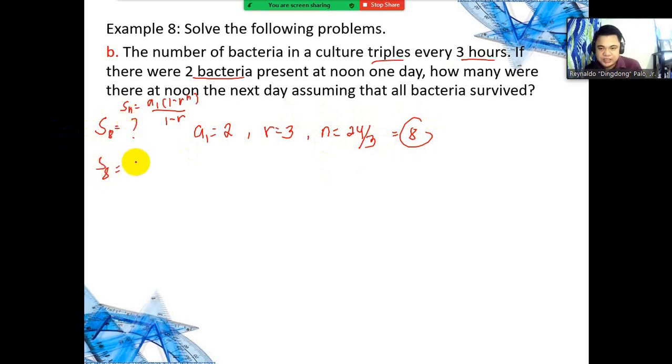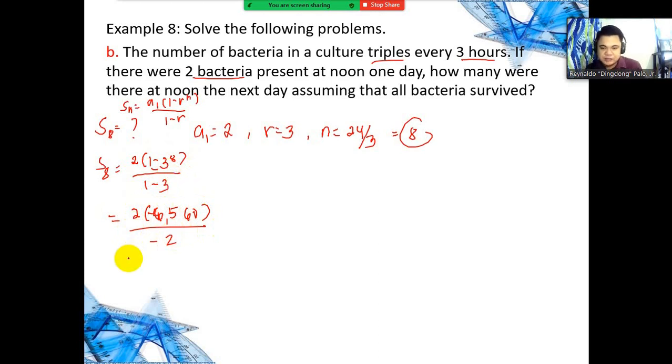So therefore, S sub 8 is equal to A sub 1, which is 2, times 1 minus 3 raised to the power of 8 over 1 minus 3. Then simplify. What is 1 minus 3 raised to the power of 8? It is negative 6,560. Negative 6,560 over 1 minus 3, which is negative 2.